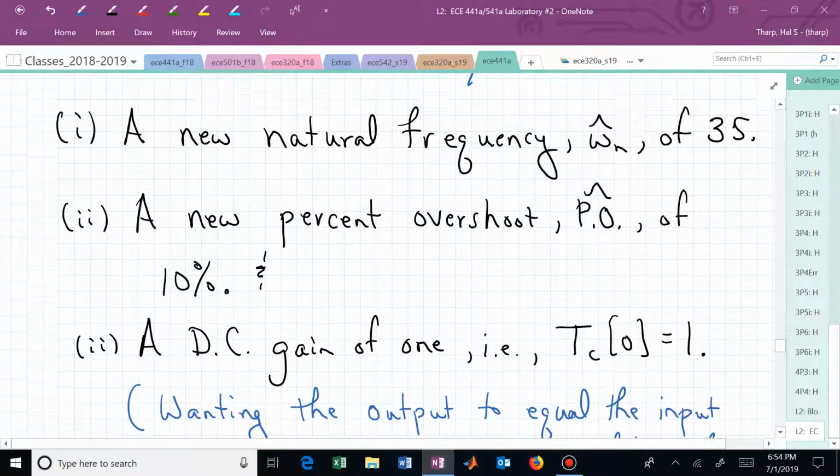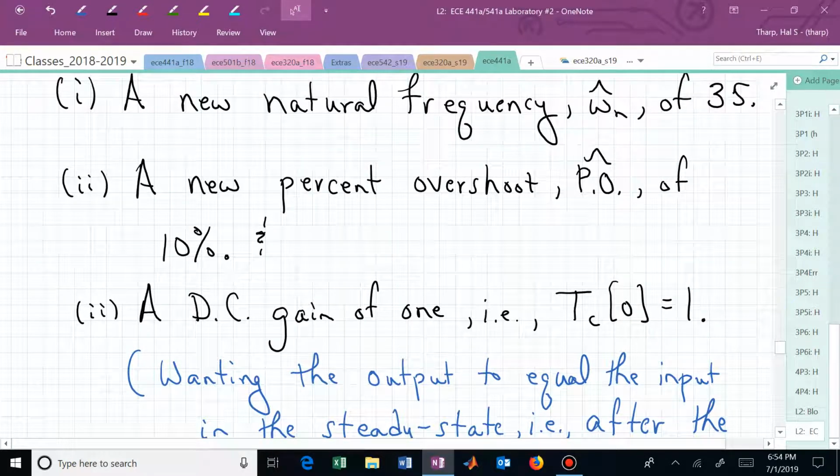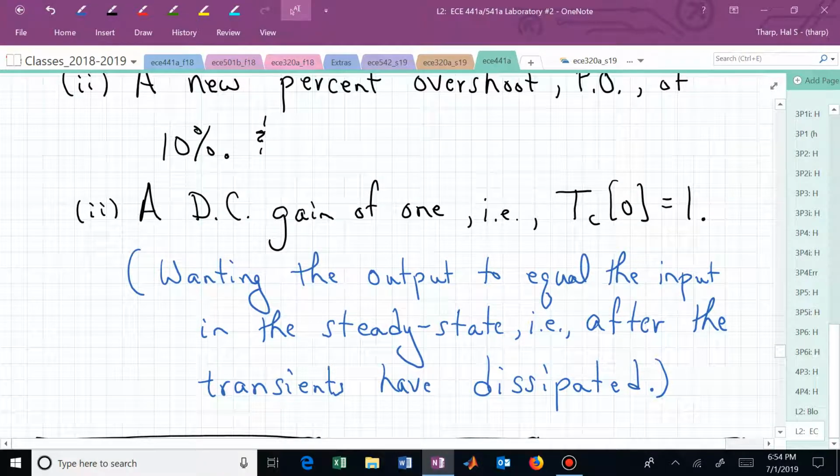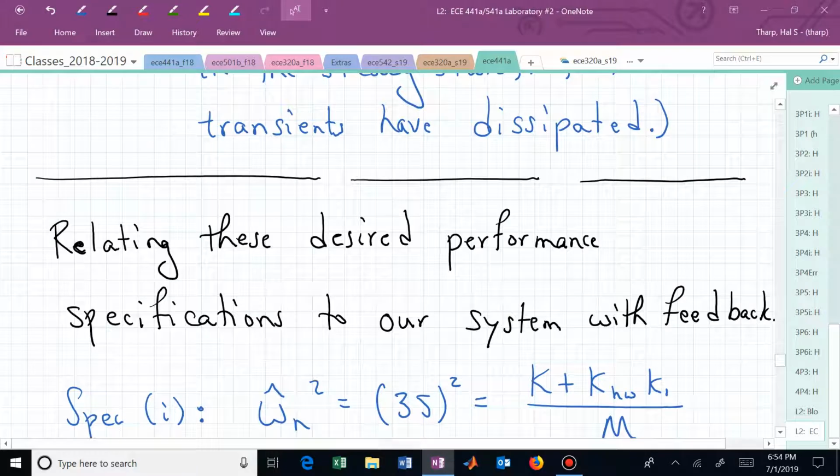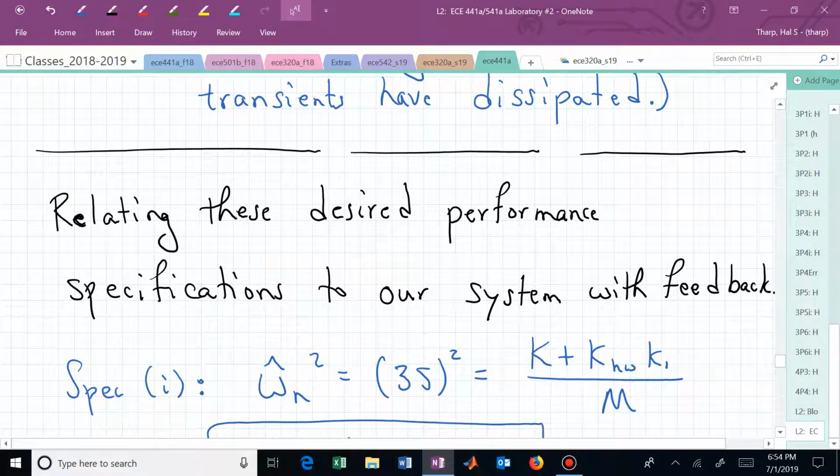That's what we will start doing in lab number 3, but in this lab we're assuming we have access to the position, the velocity, and we are going to introduce this reference input r of t that we now use as units of counts.